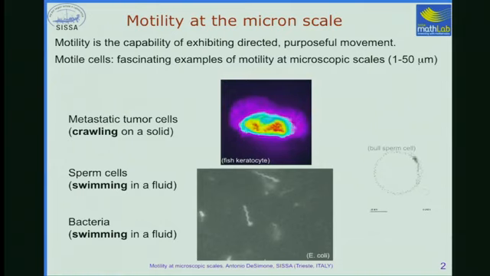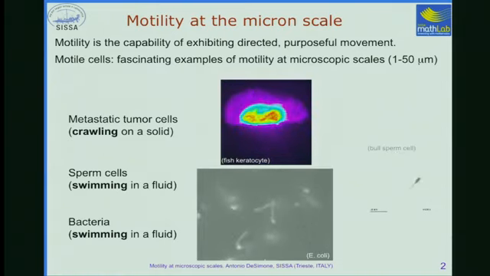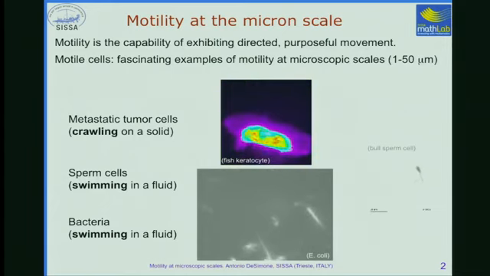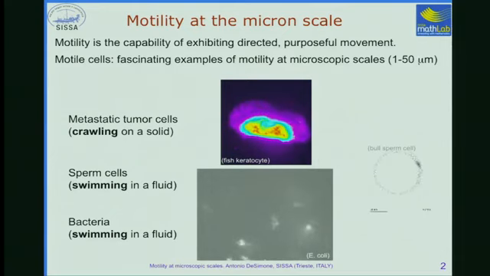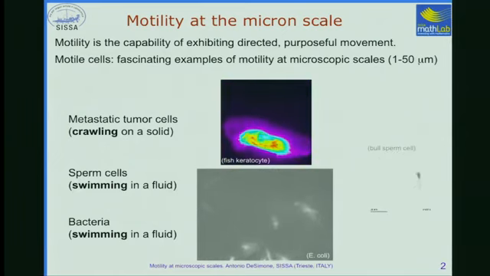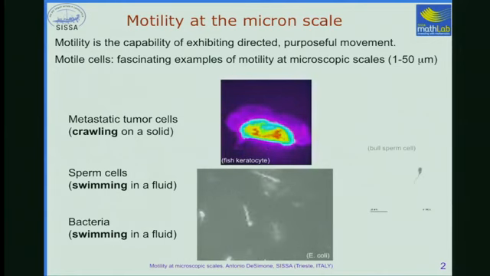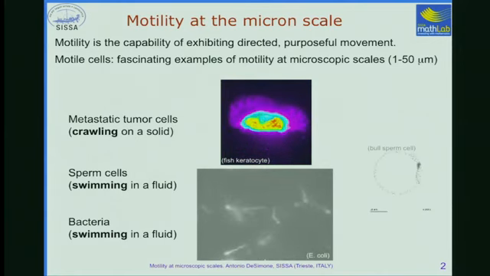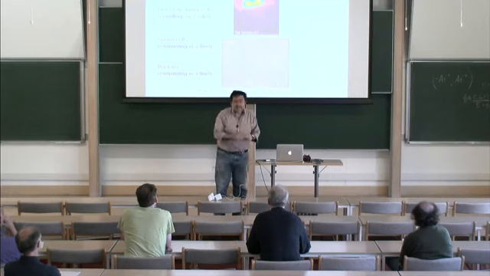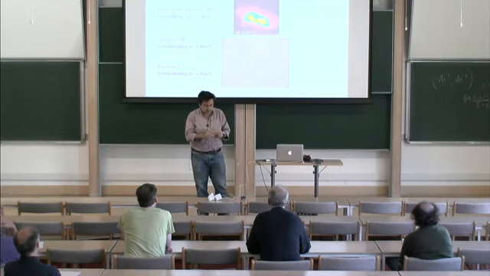This is a sperm cell that swims by sending bending waves in the flagellum. And this is another famous example. It's a bacterium, much smaller in size, where the flagellum has a different structure, and it rotates, acting like a corkscrew. Okay? So these are the types of things one wants to talk about.